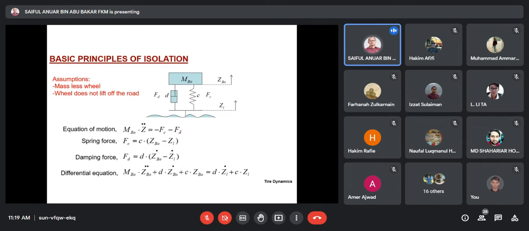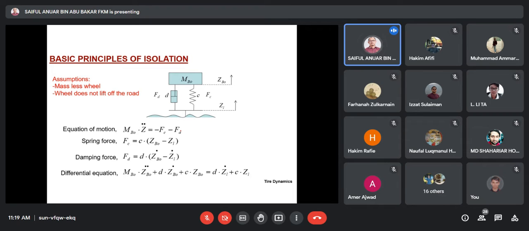Other than that, the suspension also holds the steering linkages for the front axle, and maintains tire contact with the ground at all times, because for a vehicle it's very important to ensure the tires are always gripping the road surface.